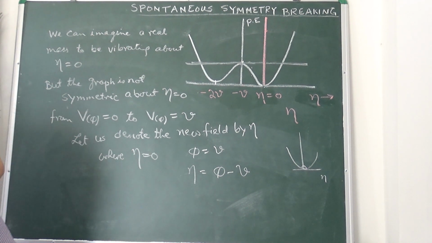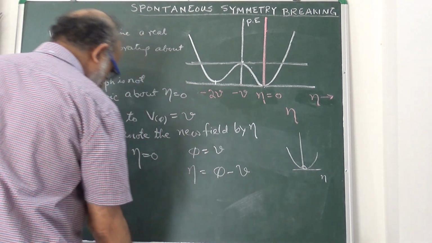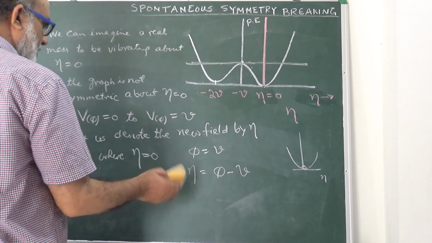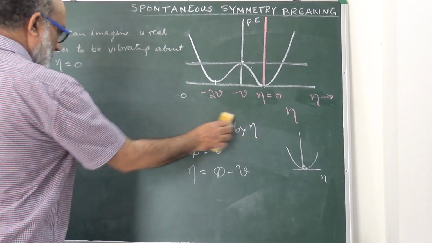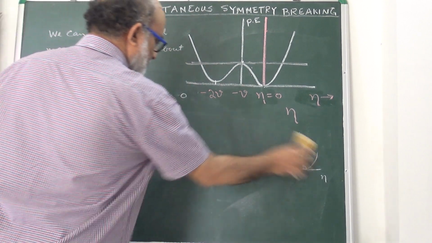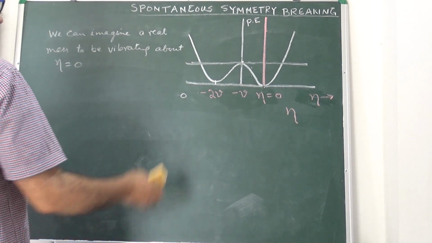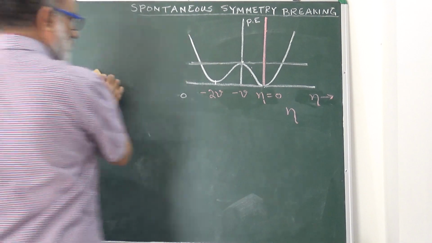Now let us substitute in our Lagrangian for the Higgs field the value of eta instead of just this one. We do not need these things, so I'm just removing these.